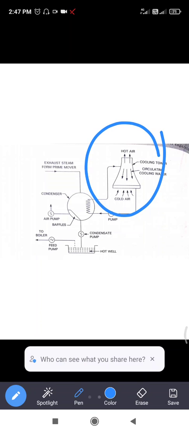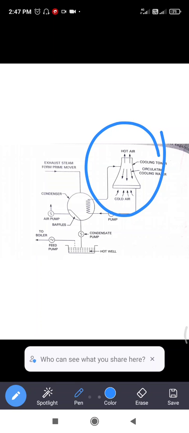These are the accessories. I will tell you the different types of accessories we use in this condensing plant. An air pump to remove air and other condensable gases from the condenser. Next, a condensate pump to remove the condensate from the condenser. A circulating water pump for circulating the cooling water.